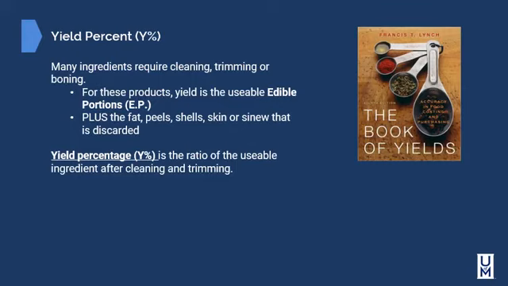I can look it up in the Book of Yields very quickly by finding broccoli, and it will tell me how much of that broccoli is usable. The usable part is my edible portion, and my yield percent is the ratio of my edible portion to my overall ingredient.